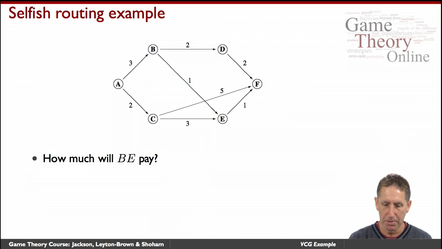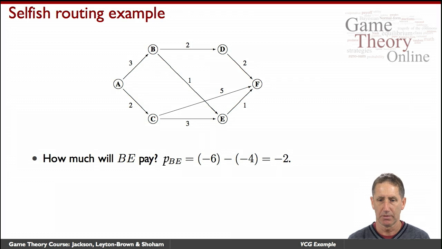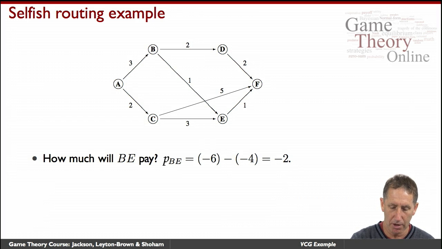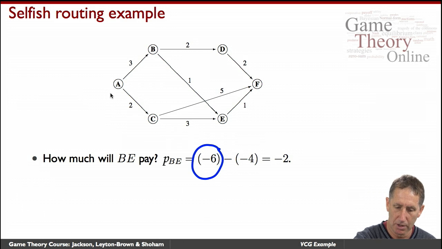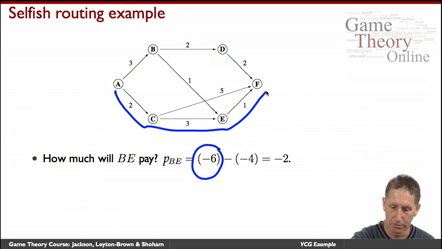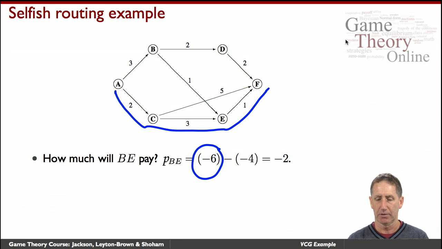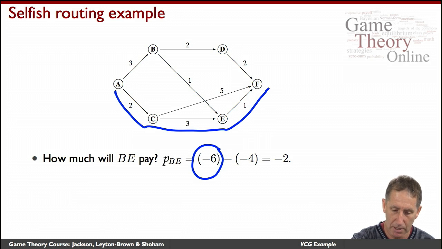What about BE, for example? Well, it's the same sort of analysis. The cost to all other agents without BE in the picture is minus 6. This would have been the shorter route had BE not been in the picture, and the cost would be minus 6. Now, the cost to the agents other than BE with B in the picture is 4.